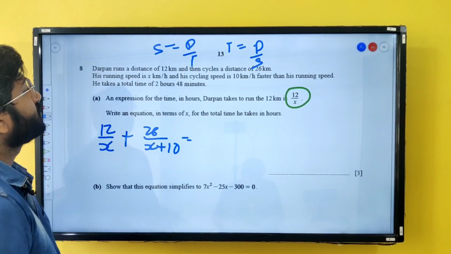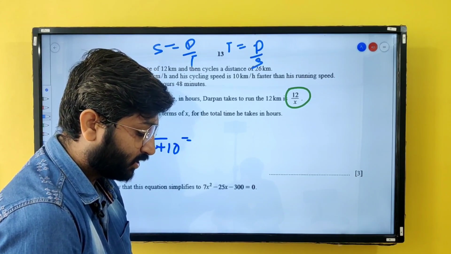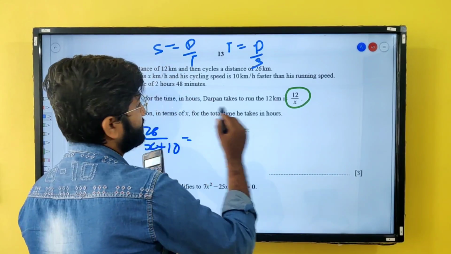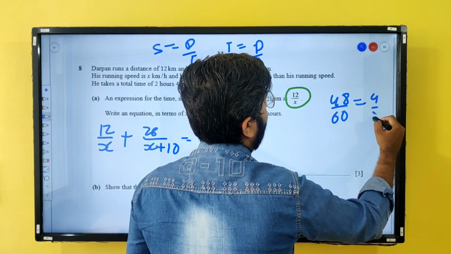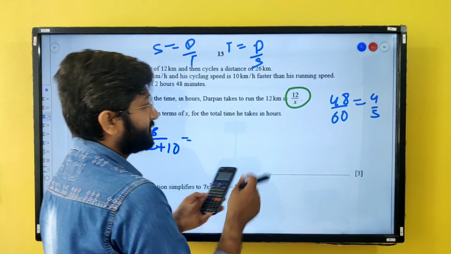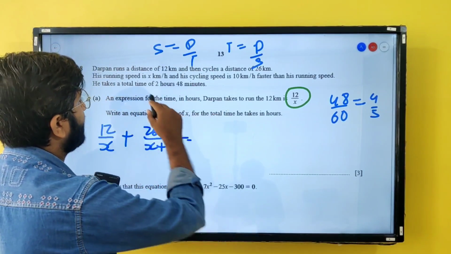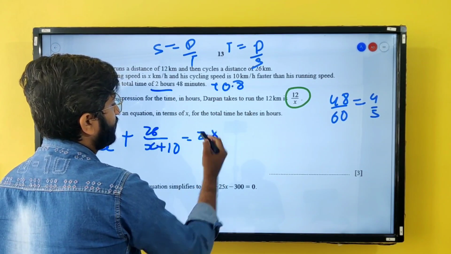Now this is equal to 2 hours and 48 minutes. So we'll have to convert this 48 minutes into hours, which is 48 divided by 60, which is 4 by 5. Let me put it into decimal, this is 2 plus 0.8, so 2.8 hours.